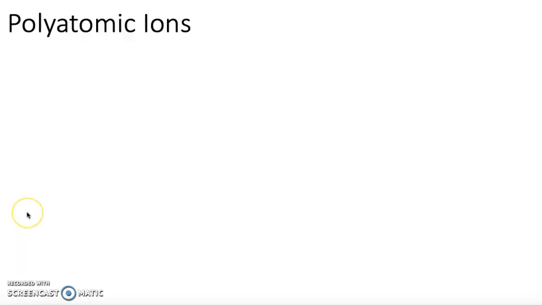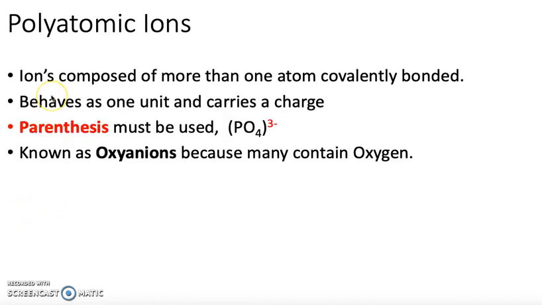Now, there's another type of ion called the polyatomic ion. These ions are going to be a little bit bigger. They're going to have more than 1 atom bonded, covalently bonded, and it behaves as a single unit and carries a charge.